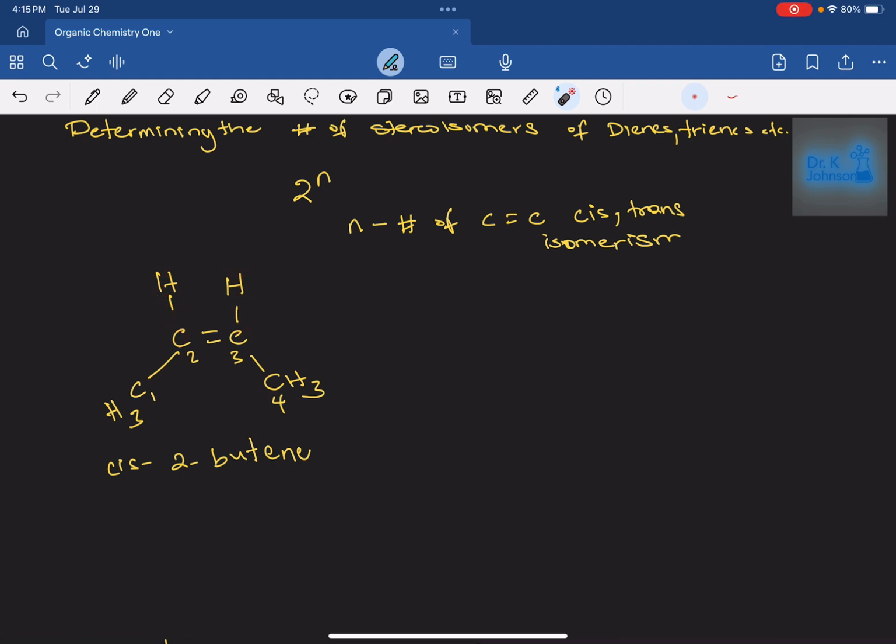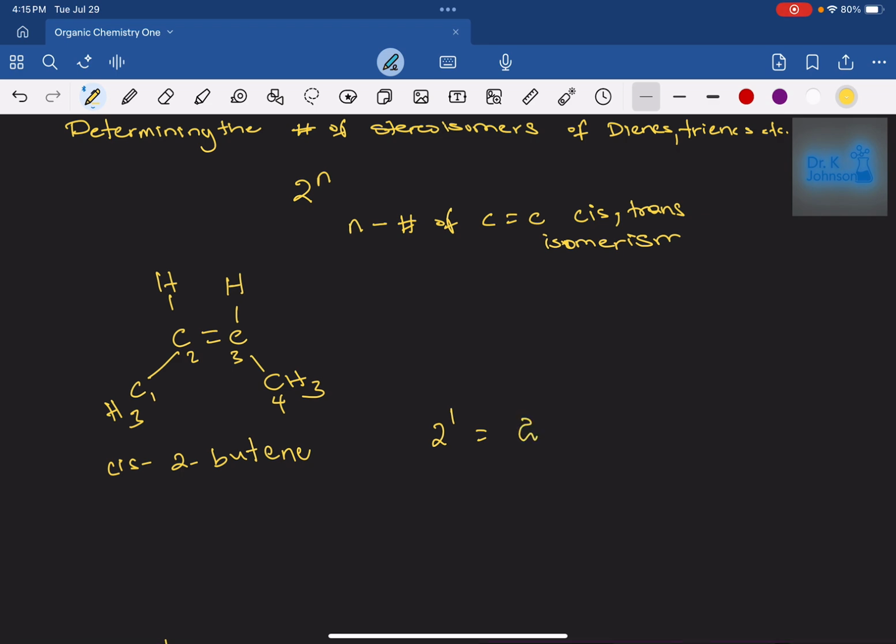So you only have one double bond that shows that you can have cis-trans isomerism, and I already said it's because you have one hydrogen on this carbon, one hydrogen on this carbon. So n in this case is 1. So this is 2 raised to the power of 1, which is 2.